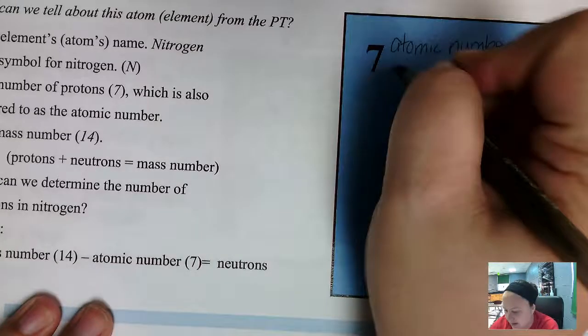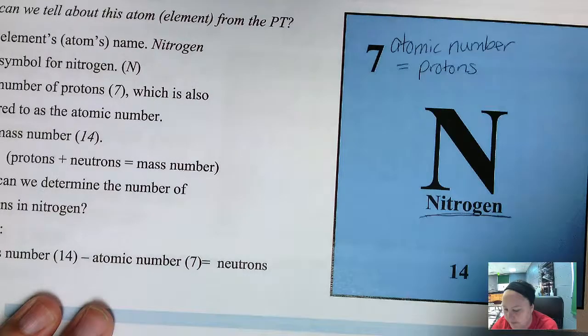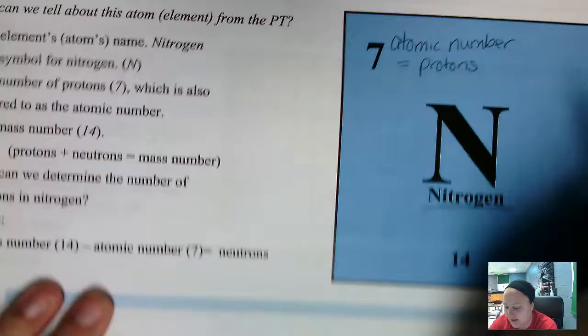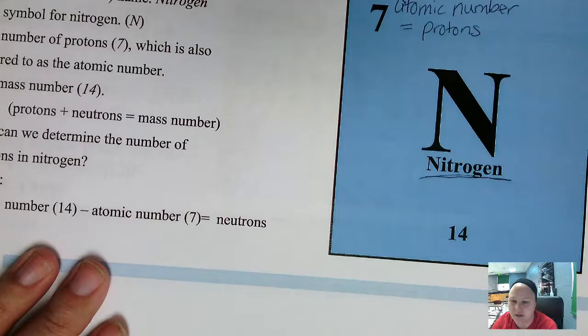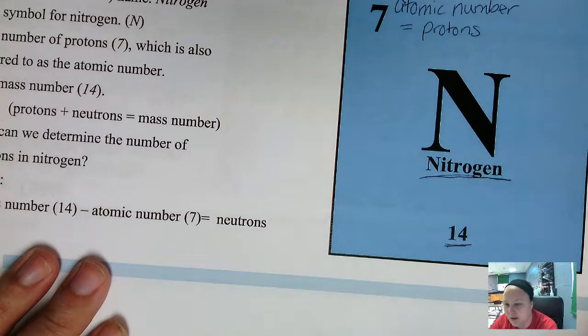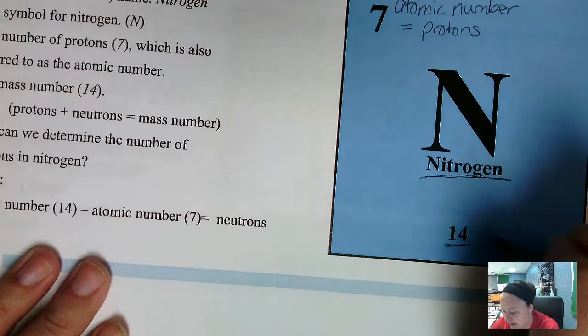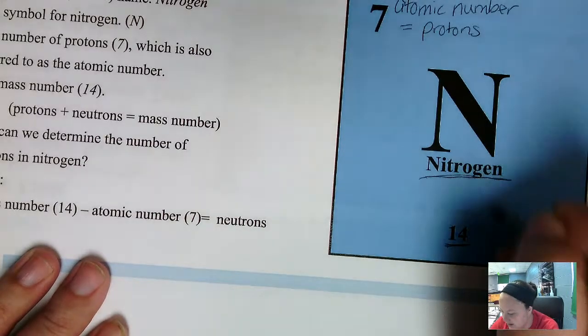So it is the number of protons. The mass number is usually found underneath. Sometimes you'll have a decimal and a bunch of other numbers, but what I want you to focus on is the whole number. It's located at the bottom most of the time, underneath the name. It's the atomic mass.